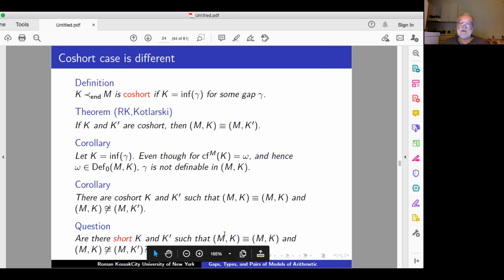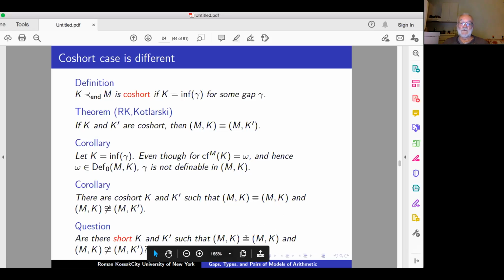But if they are elementarily equivalent, can they be non-isomorphic? For the examples in Jim's case, this is actually true, because to be elementarily equivalent, they have to realize the same minimal type in the last gap, so they will be isomorphic.